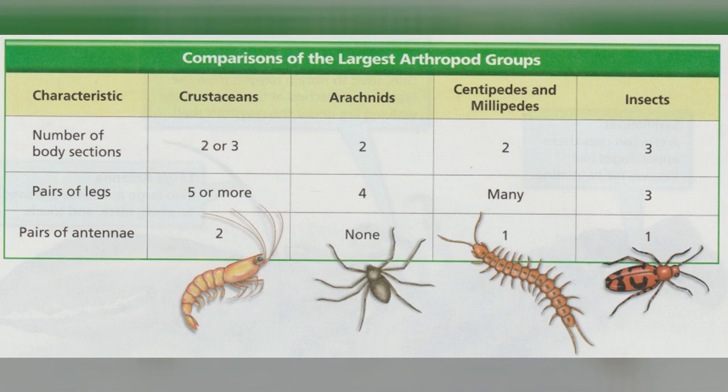They're creepy crawlies, right? And then the insects tend to have 3 pairs, or 6 legs. And then we can also compare and contrast the pairs of antennae. Crustaceans tend to have 2 pairs, or 4. Arachnids don't tend to have any antennae. Centipedes and millipedes usually have 1 pair, or just 2 antennae sticking out of their head, as do the insects.